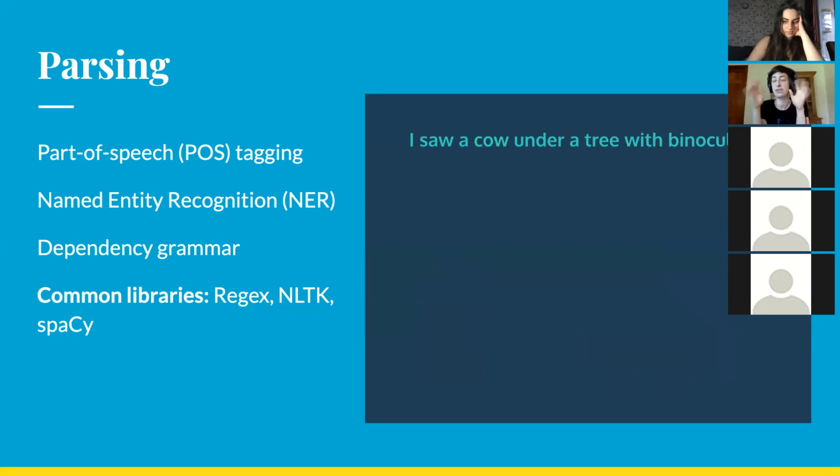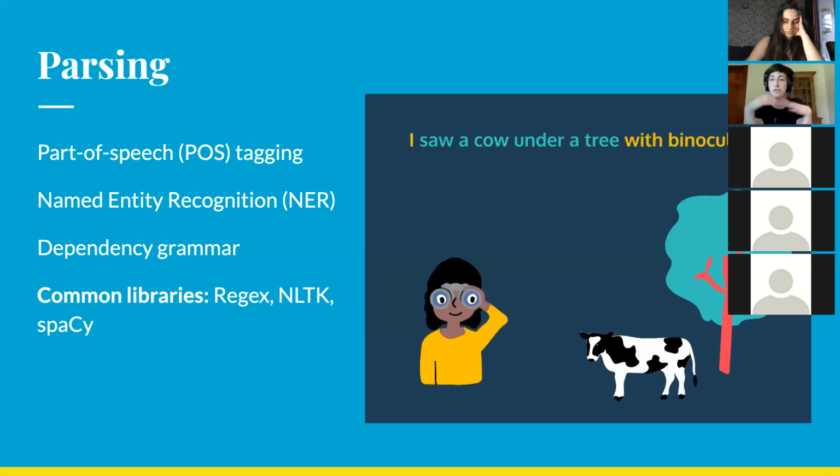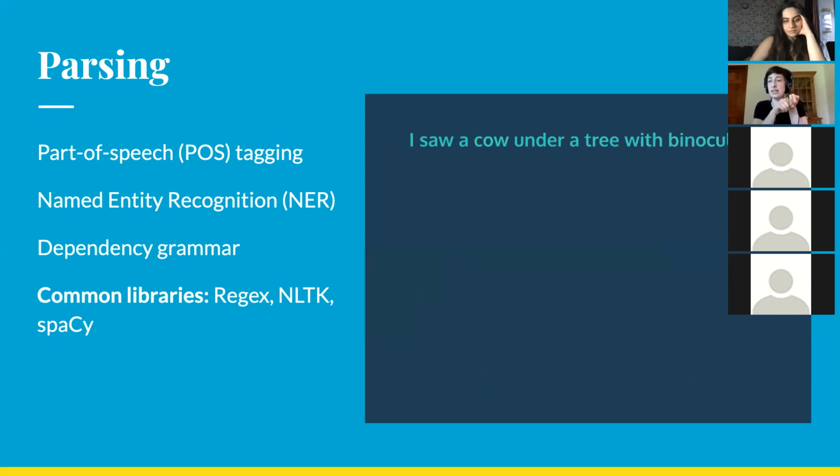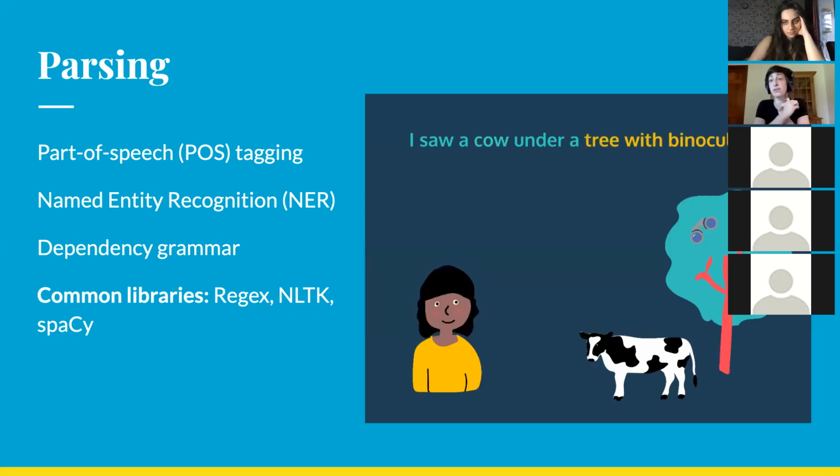Having computers do that for you might speed up some other facet of your work. Some common libraries you might encounter for this: regex again, NLTK does some of the lifting for you, but also spaCy is really helpful here.